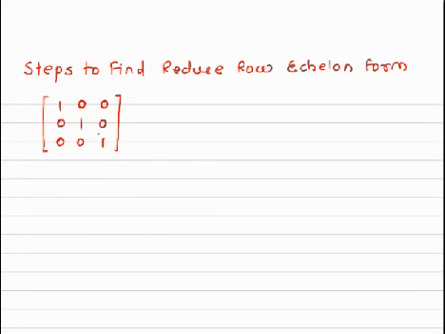Again we see the actual process: first we make this 1, then this 0, then this 0, then this 1, then 0, 0, 1, 0, and 0.